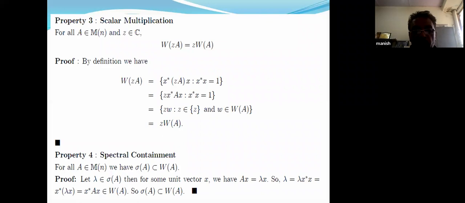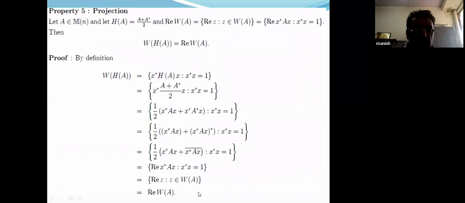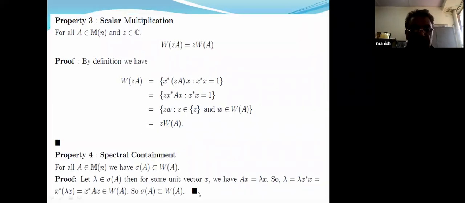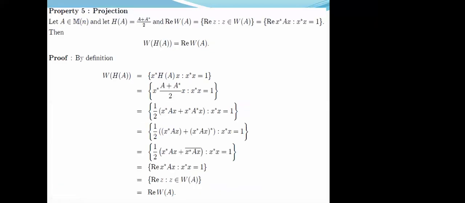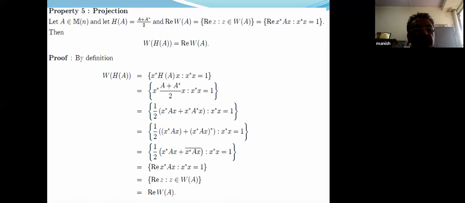Now, since the numerical range has elements of the type x* A x, in this expression we can choose x to be an eigenvector of A. Then this comes out to be x* lambda x, and since x is a unit eigenvector, this is simply lambda. So every eigenvalue is in the numerical range.